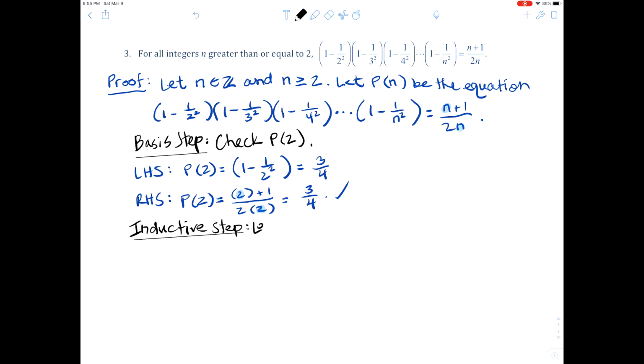All right, so let k belong to the integers and k be greater than or equal to 2.